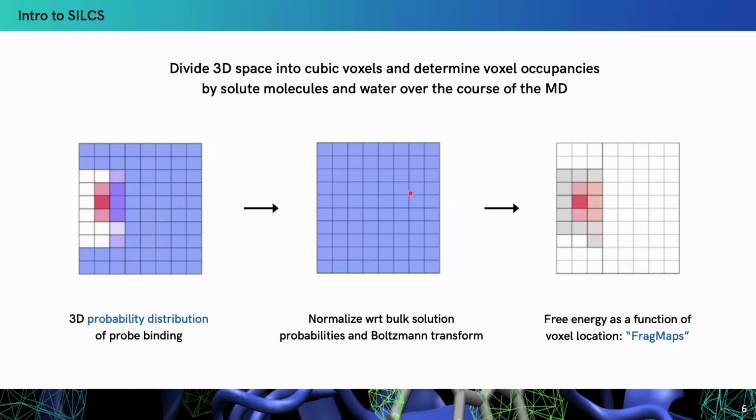And importantly, there are regions with no probability. All these probabilities are then normalized with the bulk solution probabilities and Boltzmann transformed to get a grid free energy at each cubic voxel. This is done for all types of atoms in the set of probe molecules, giving us the final FragMaps.